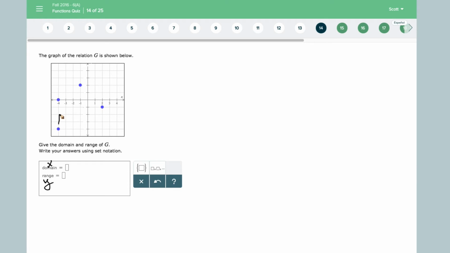Well, we go to negative 4, that one too, negative 4. And we go to negative 1, and we go to 2. And so those are our answers. Lowest to highest, negative 4, comma, negative 1, comma, and 2. You don't list it twice. If it only shows up once, you only list it once.